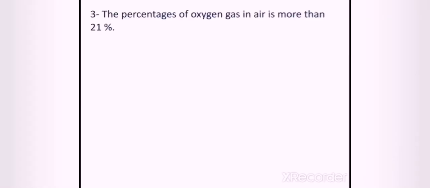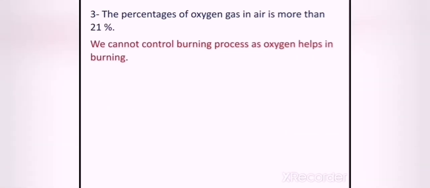Number 3, what happens if the percentage of the oxygen gas in the air is more than 21? Yes, we cannot control the burning because the oxygen gas helps in burning. So we can't control the burning process.